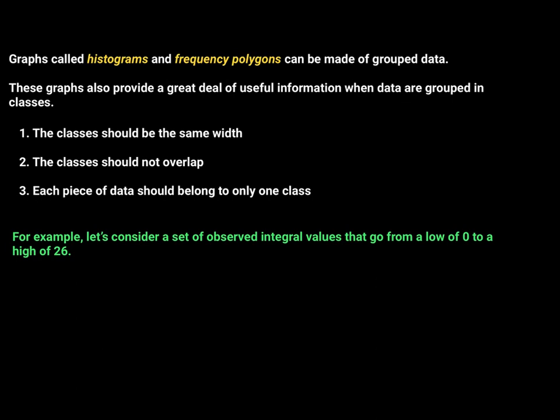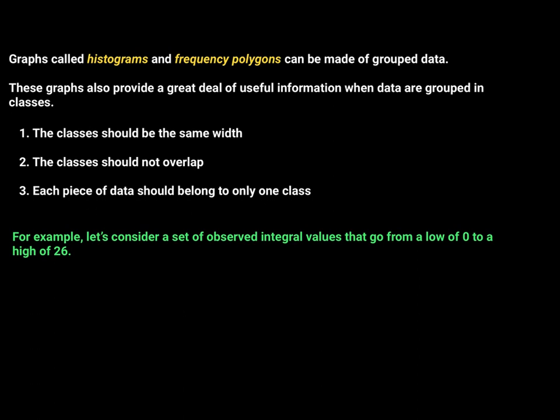For example, let's consider a set of observed integral values that go from a low of 0, so that's your lowest value, to a high of 26. So 26 is the highest value. Okay, so what we're going to do is build our classes.